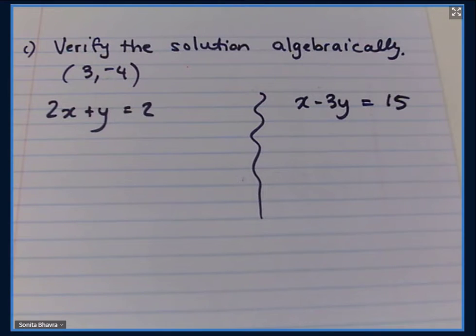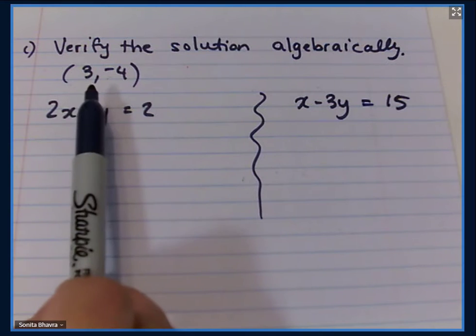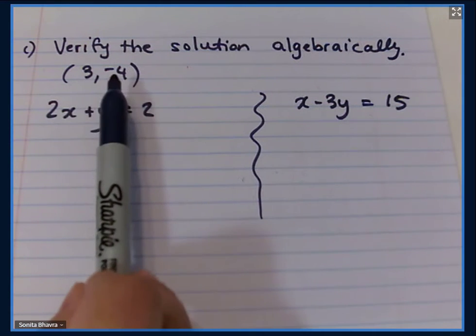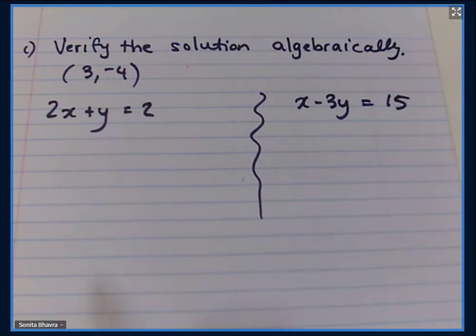All right, so the last part of this question is to verify the solution algebraically. So verifying the solution, our solution was 3, -4. So when we verify the solution algebraically, you have to do it for both equations. So we're going to substitute 3 for x and substitute -4 for y in both equations. Left-hand side has to equal our right-hand side.